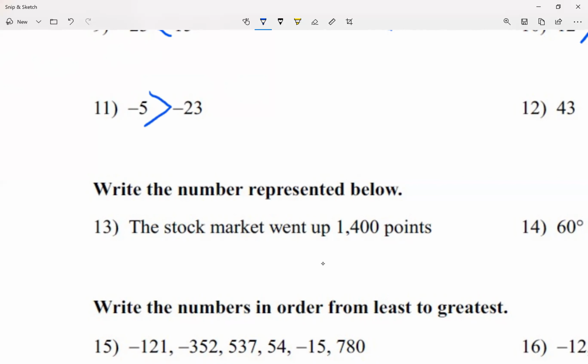If I was to write them on my number line, let me imagine 0. Negative 5, let's say it's about here, and negative 23 is about here. Notice how negative 23 is to the left of negative 5. That's why negative 23 is smaller than negative 5, or negative 5 is bigger than negative 23.